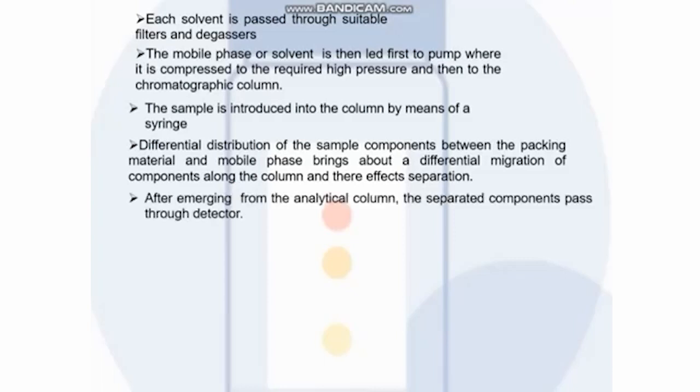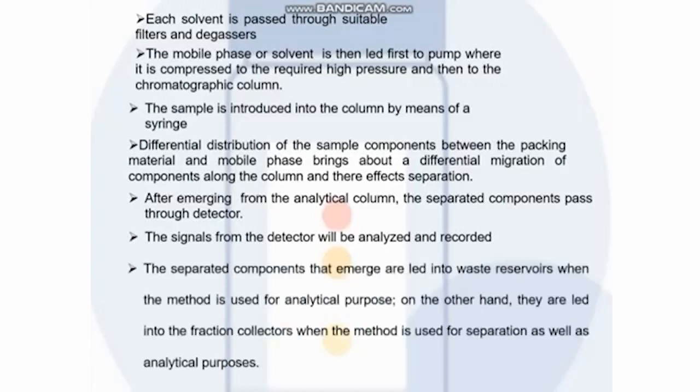After emerging from the analytical column, the separated components pass through the detector. The signals from the detector will be analyzed and recorded. The separated components that emerge are led into waste reservoirs when the method is used for analytical purpose. On the other hand, they are led to the fraction collectors when the method is used for separation as well as analytical purpose.